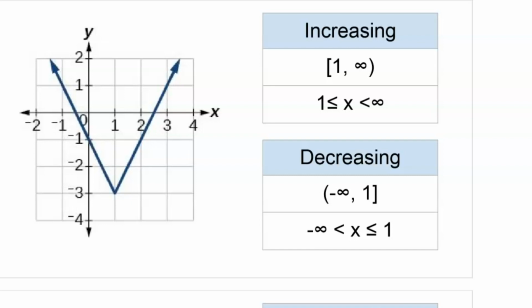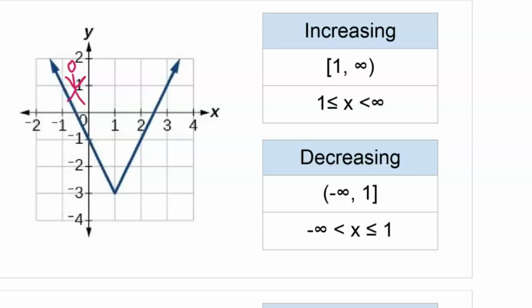Sometimes it can be confusing. This example is pretty simple, but one thing I used to teach my students that I think they found very helpful, it's a little bit silly, but it is very helpful, is I would tell them to imagine that there's a tiny little man walking on the graph.